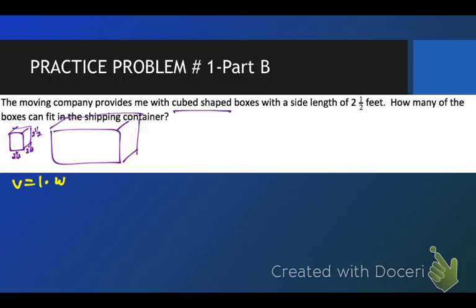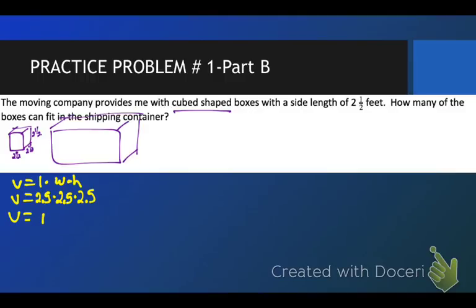Volume equals length times width times height. Next, we're going to plug in our numbers. I'm going to change these to decimals. 2.5 is just 2.5 times 2.5 times 2.5. Use your calculator, do 2.5 times 2.5 times 2.5. If you need to pause the video, go ahead.